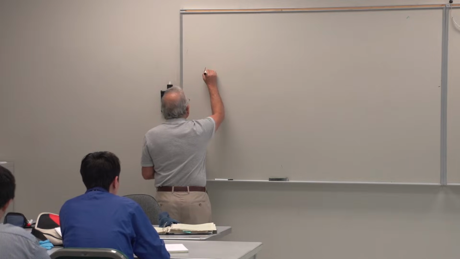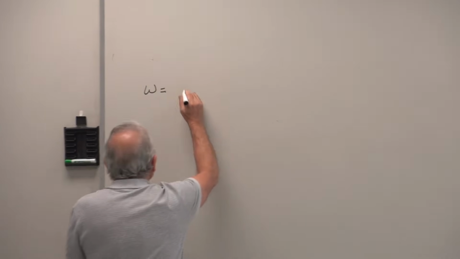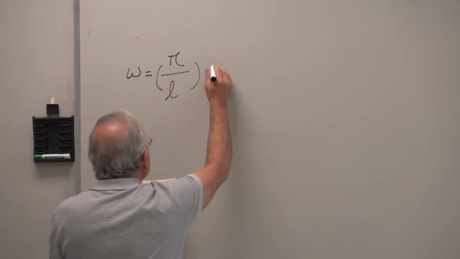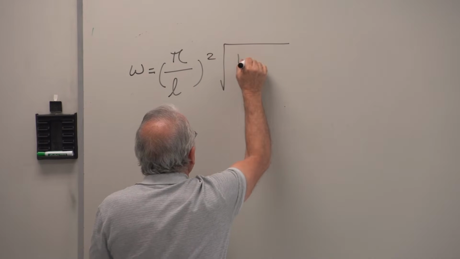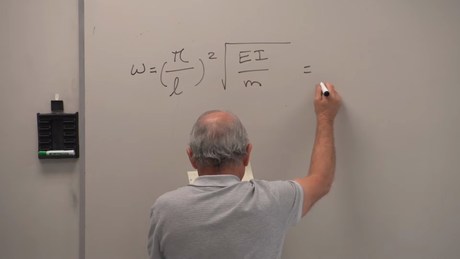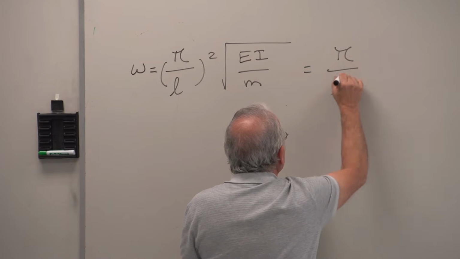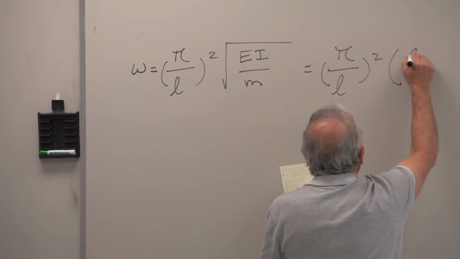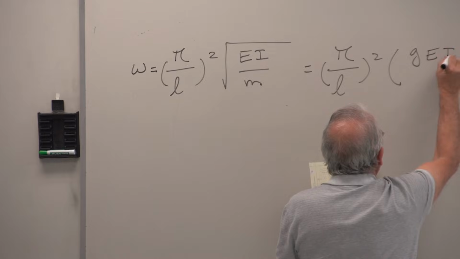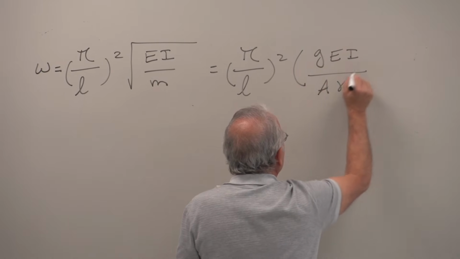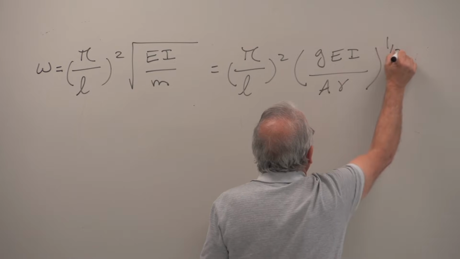Omega is equal to (pi over L) squared, square root of EI over M, equal to (pi over L) squared times (g E I divided by A gamma) to the 1/2.